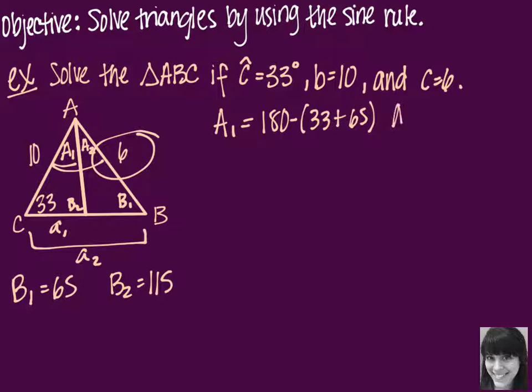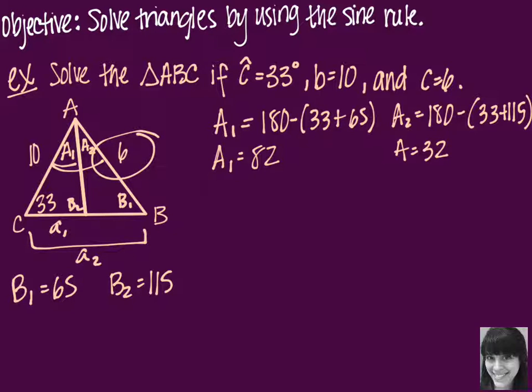And A2 is going to be 180 minus 33 plus 115. So you get A1 is 82 and A2 is 32. And you just put that down here so that way you're keeping track of your triangles.